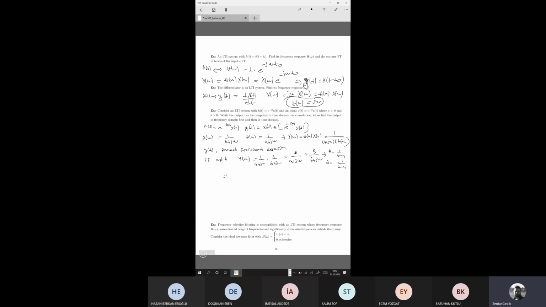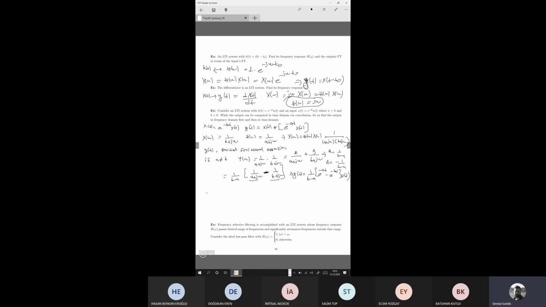So if I put everything into 1 over b minus a parentheses, I have 1 over a plus j omega minus 1 over b plus j omega. Well, I know that this is the Fourier transform of e to the power minus at u of t. I know that this is the Fourier transform of e to the power minus bt u of t. So I have y of t is equal to 1 over b minus a times e to the power minus at minus e to the power minus bt, u of t. So this is my y of t.